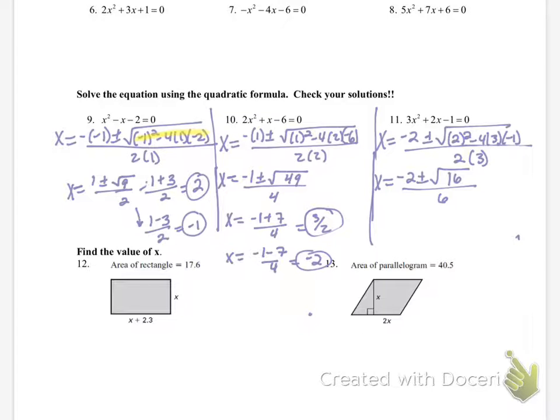So again, 16 is a perfect square. So this is going to be 2 things. Negative 2 plus 4 over 6 or negative 2 minus 4 over 6. So this simplifies to 1/3 and negative 1.